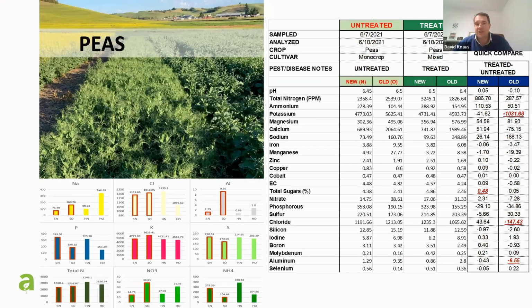Taking a look at another analysis, here's one of peas, where there's a significant imbalance of chloride, potassium, and aluminum in the old leaf, and that hyperaccumulation is showing itself in the old leaf difference. So if you look here where the potassium is highlighted, the chloride is highlighted, and the aluminum is highlighted, they're at much higher levels in the monocrop.